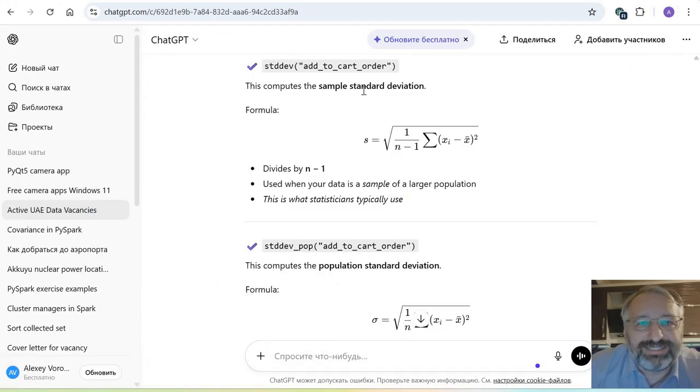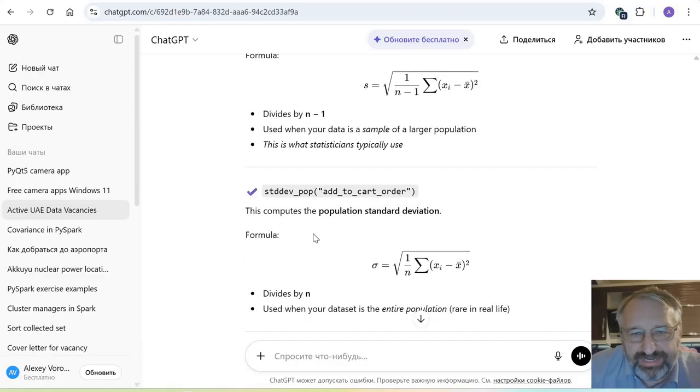Okay, this is standard deviation, what is called StdDev, and it's calculated per this formula. The sum is divided by n minus 1. So we divide by number of samples minus 1. And StdDev pop, here we divide by n.